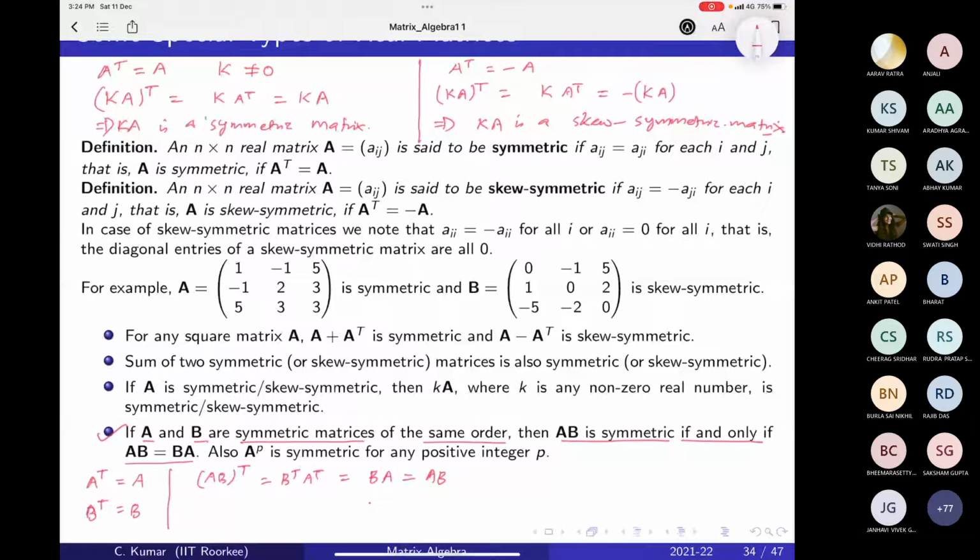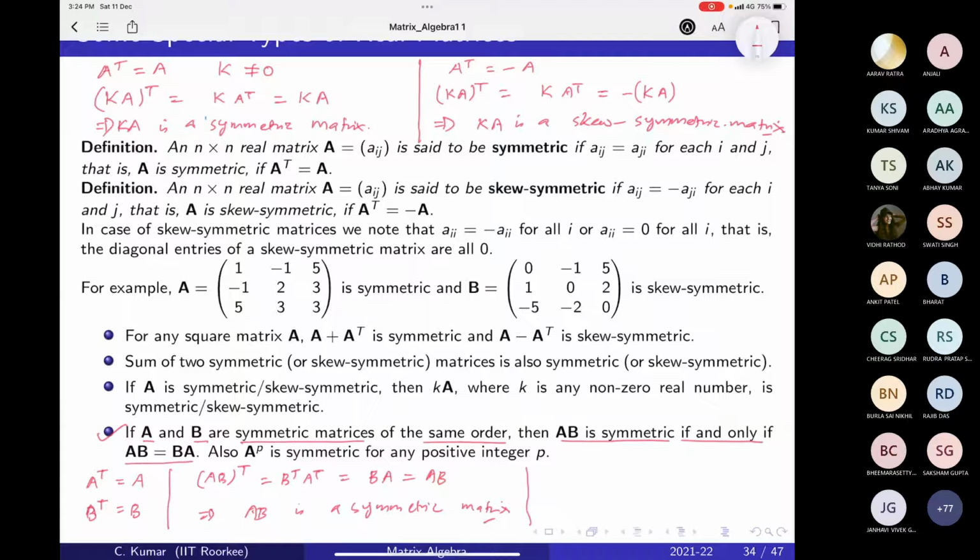So from here we can say that AB is a symmetric matrix. So if I assume that AB is equal to BA, then I can show that AB is a symmetric matrix, which I have written here. The proof of this I have written here.